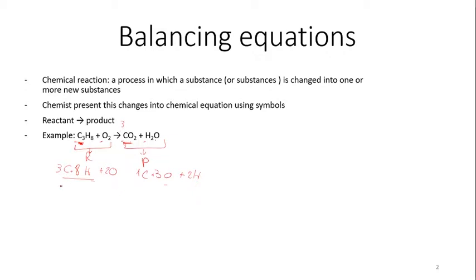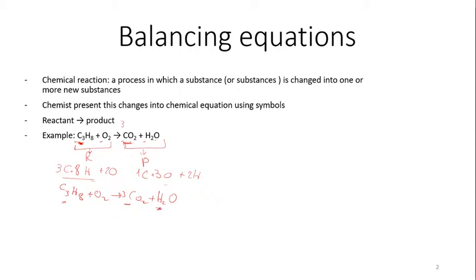So if I multiply this part by 3, I will have C3H8 plus O2 to give me 3CO2 plus H2O. Now looking again at the number of carbons, I have 3 carbon atoms here and 3 carbon atoms here, but now I don't have the same number of hydrogens.